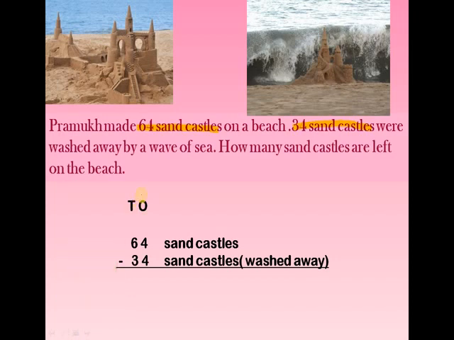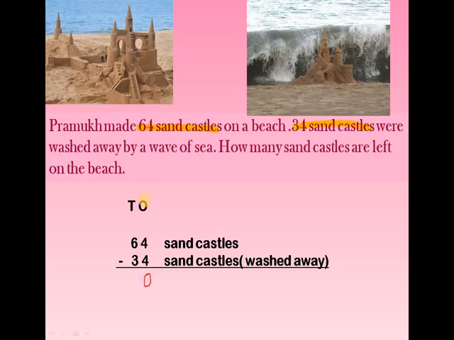Start from ones. So 4 minus 4. Here both the numbers are the same or equal, so we can subtract. 4 minus 4 is 0. Very good.